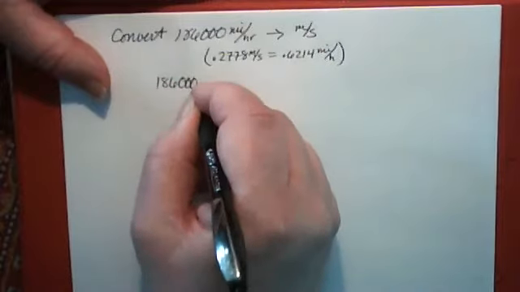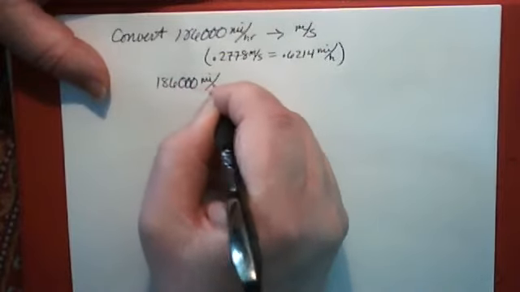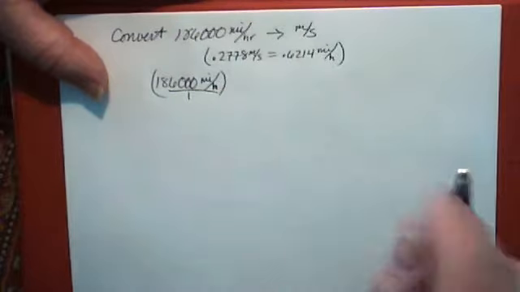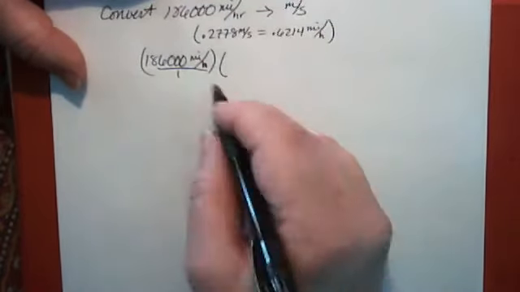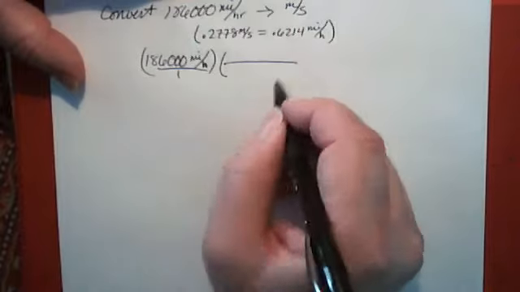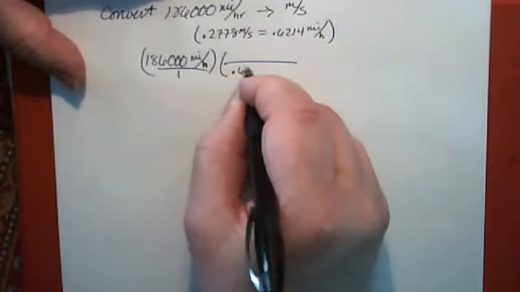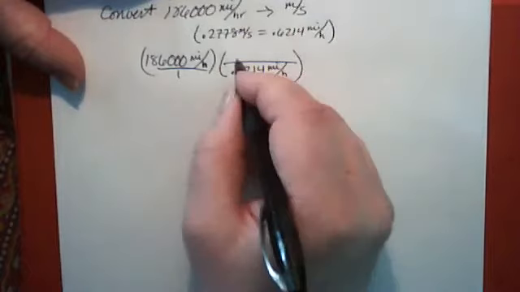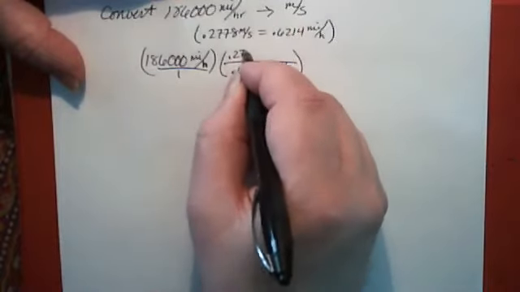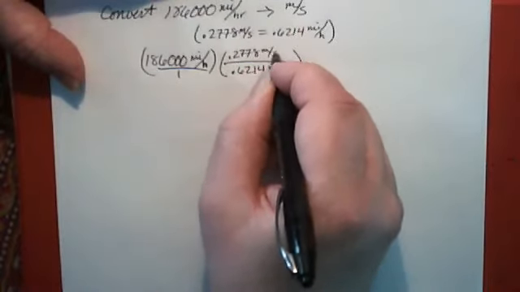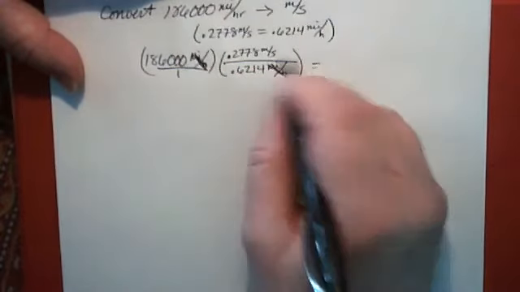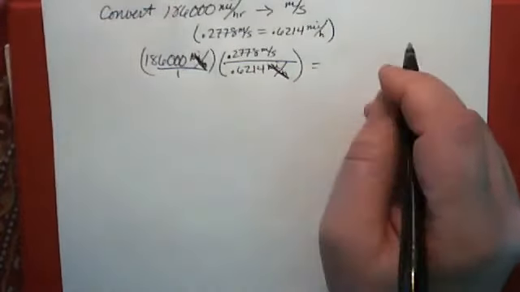186,000 miles per hour. And that would be equivalent to being in the numerator. Times, and now we want miles per hour on the bottom of the conversion factor, and we want meters per second on the top. Miles per hour now will cancel, and we end up with meters per second as the answer.